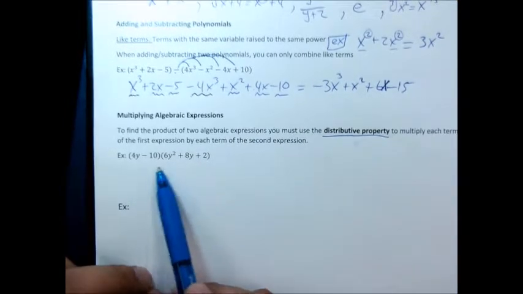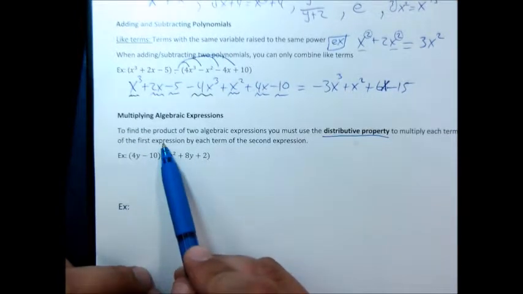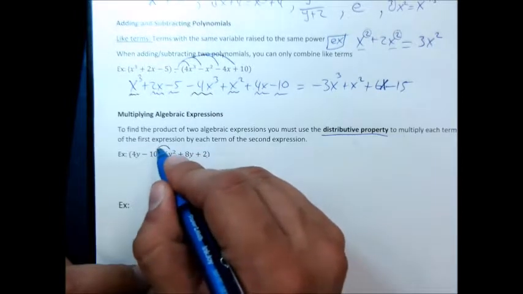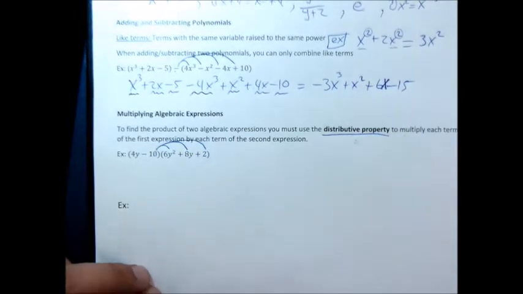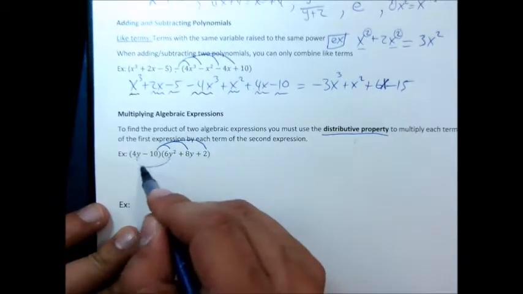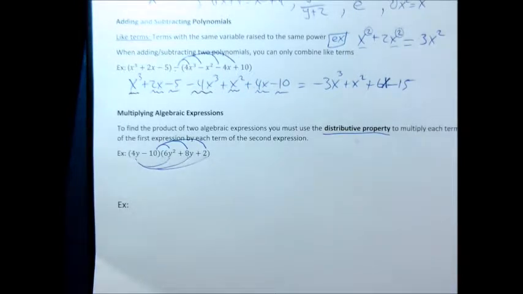But when we have more than 2 terms, all we need to do is multiply each term in the first expression by each term in the second expression. So we take that 10 and we multiply it through and hit everything in the other one. And then we take the 4y and we multiply it through and hit everything in the second one as well. And then we combine like terms afterwards.